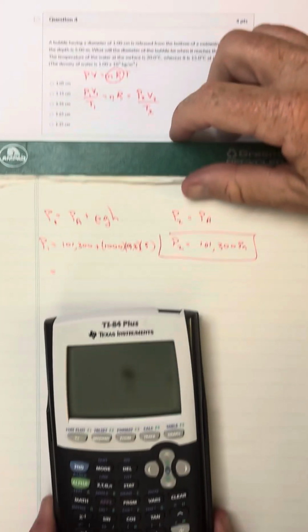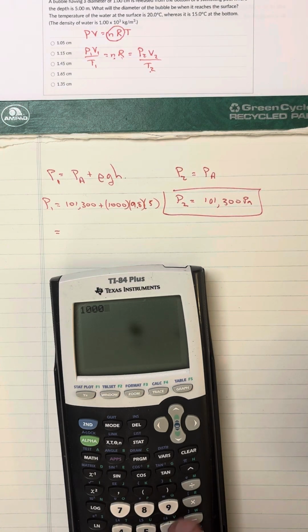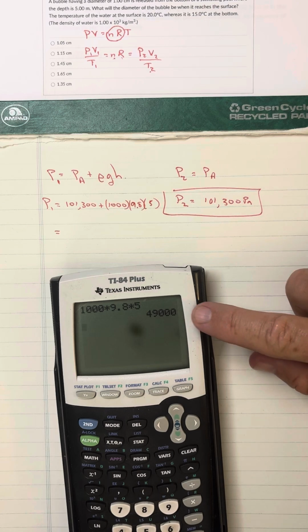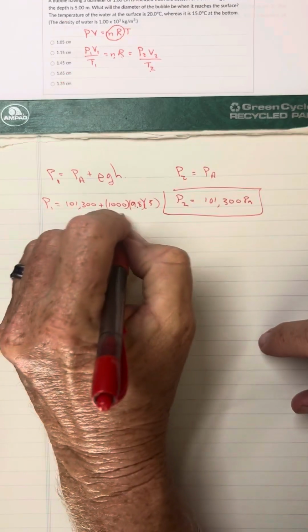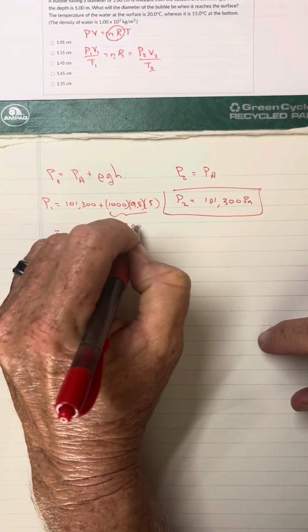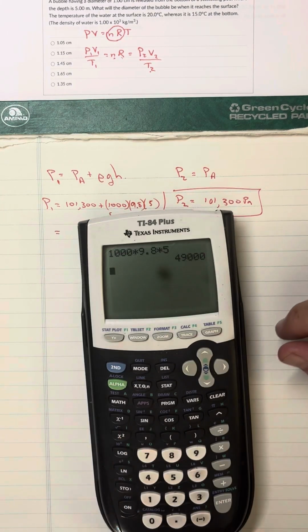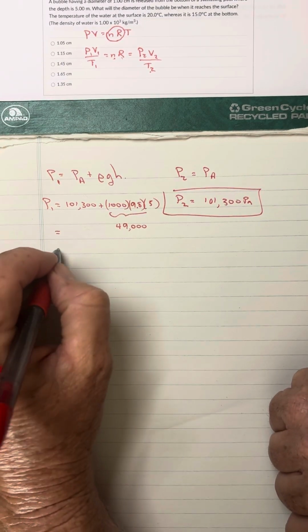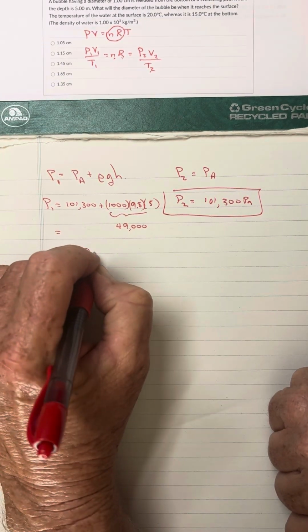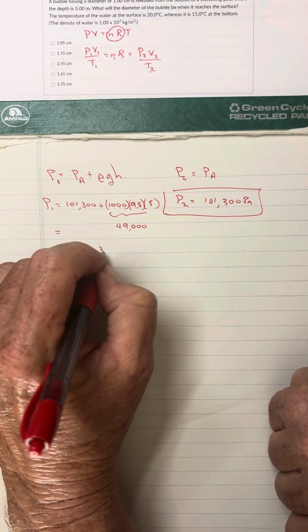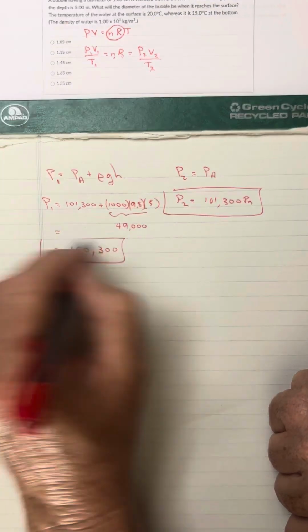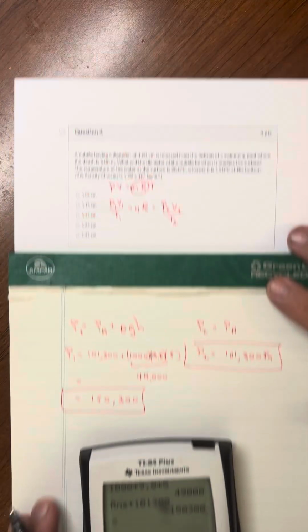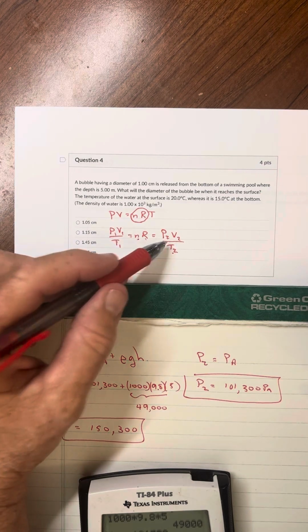So grabbing my calculator here, 1,000 times 9.8 times a depth of 5 meters means that this part is going to be an extra 49,000 pascals of pressure, added to the 101,300, and this total then is 150,300. Okay, so there is pressure 1 and pressure 2.